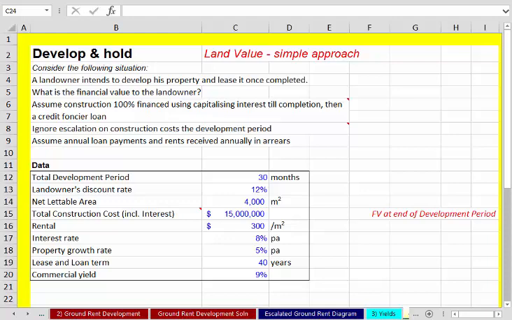And so for them, the idea of selling their property to a developer is simply not something they can conceive of or accept. And so the only two options they have are either to do the ground rent situation, where they lease the land to someone who's going to build something on it and operate it, or they can do the development and hold it themselves.